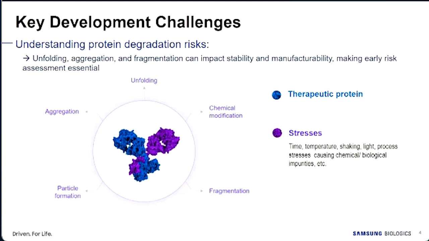This issue arises due to a molecule's inherent properties as well as external stress factors like temperature, pH, and mechanical agitation during processing and storage. Without early assessment, this risk may lead to failure in later stages. Developability assessment enables early detection of these potential issues, allowing developers to take proactive steps to mitigate them.